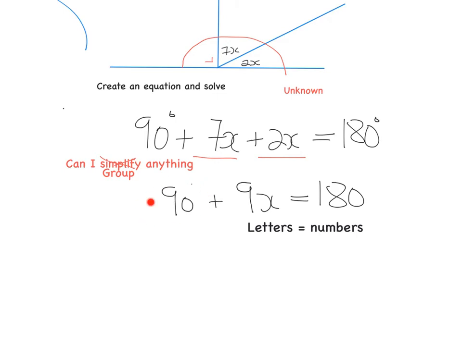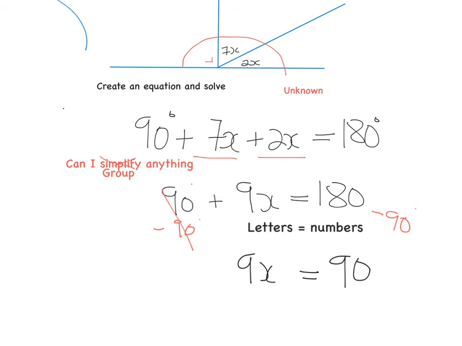I am going to get rid of it by balancing. So I have a minus 90 degrees here, and then I'll have to do the same to this side, so minus 90 degrees here. My 90 and my minus 90 will cancel, and I'm now left with 9x equals 180 minus 90, which is 90.